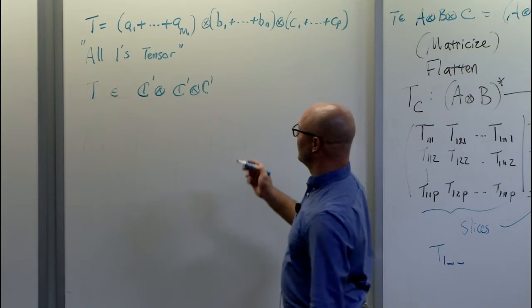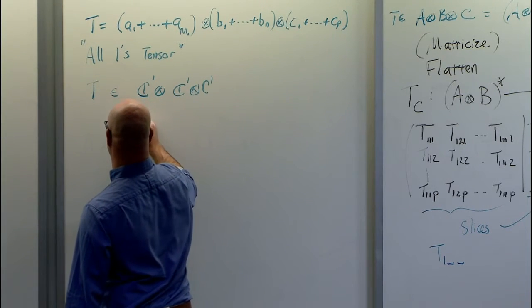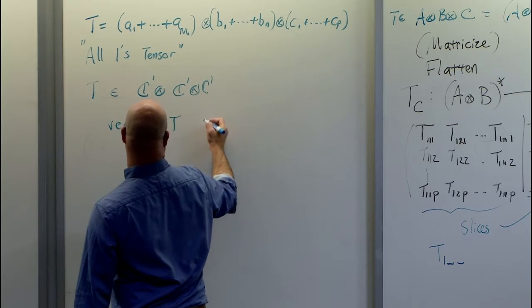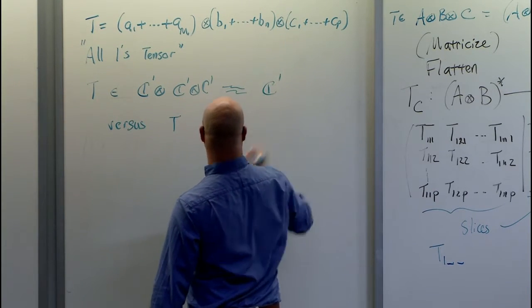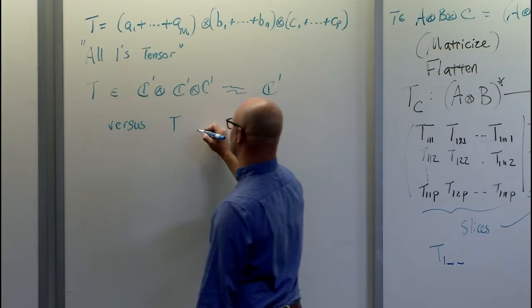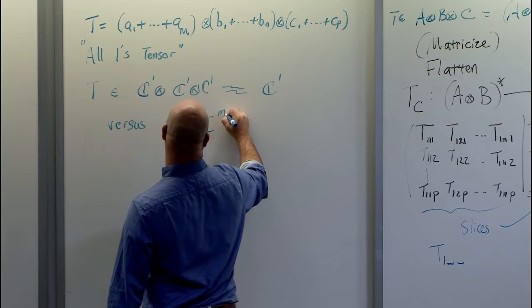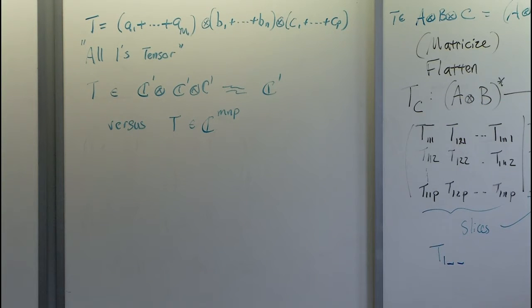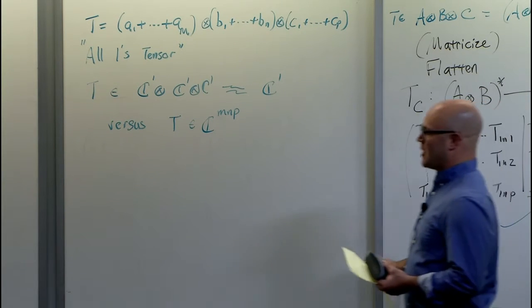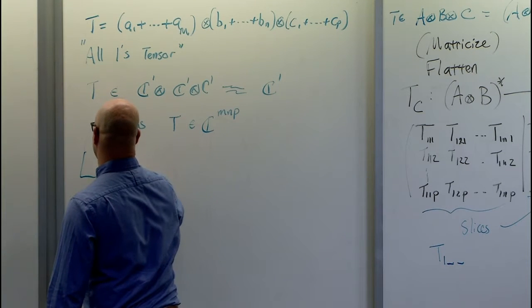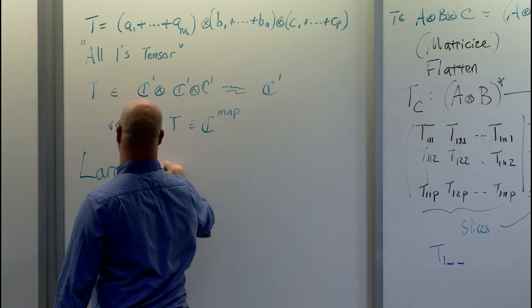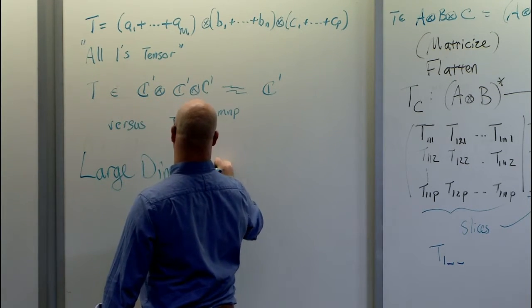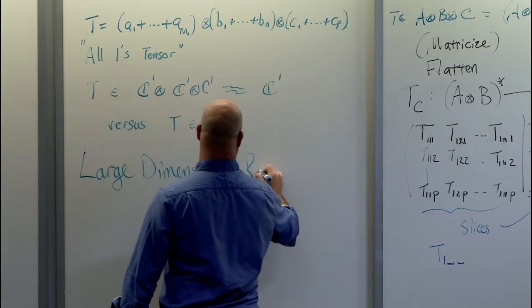Versus T inside of C^M tensor C^N tensor C^P, which is possibly very large. So this is a large dimensional reduction.